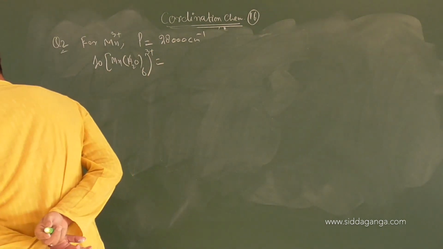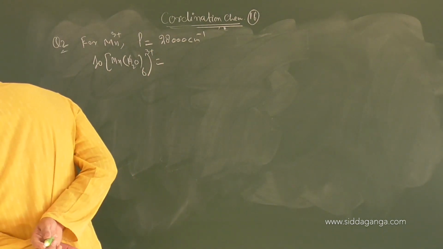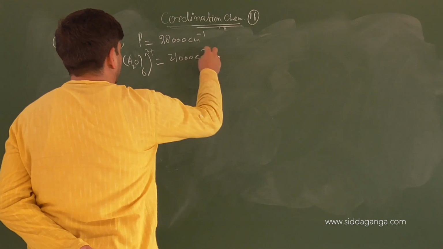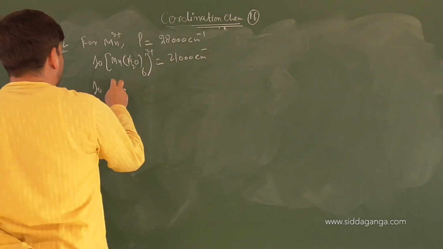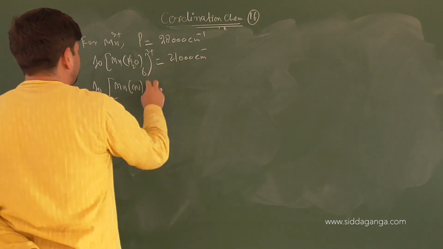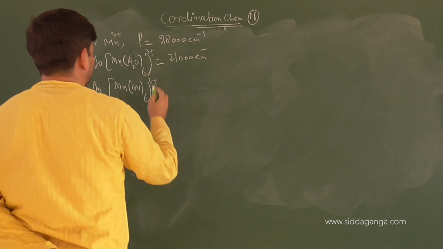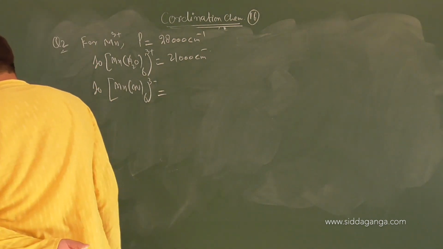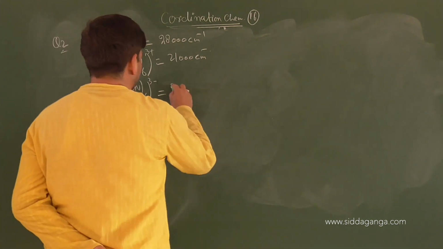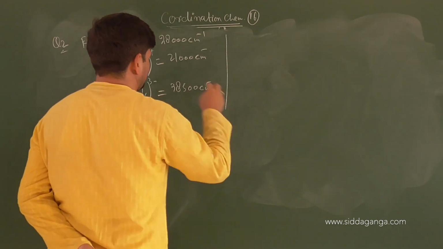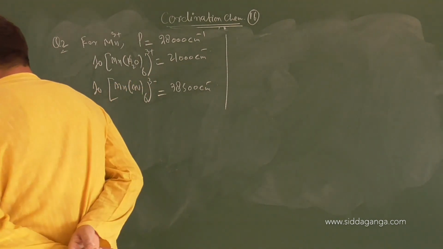How much? 21,000 centimeter inverse. And delta 0 for Mn CN 6 3 minus is also given as 38,500 centimeter inverse. Good. What's the question asking?